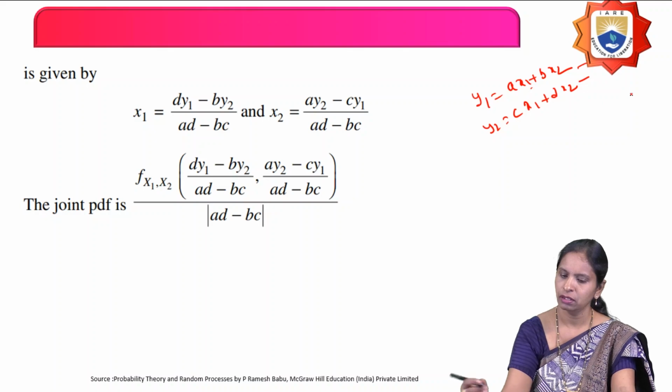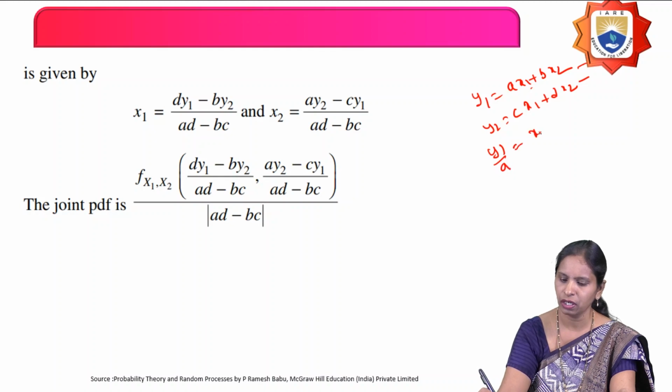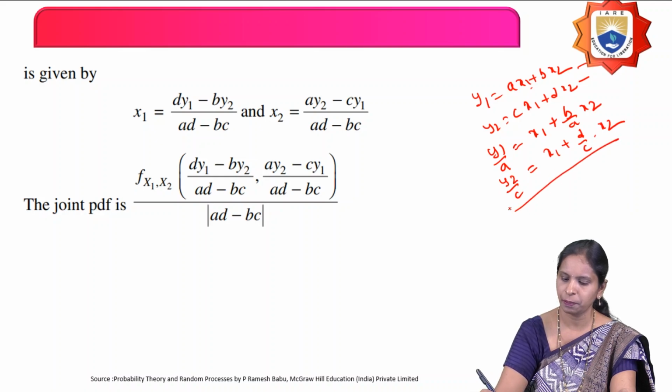So first divide this equation with here a. Then y1 by a is equals to what? x1 plus b by a into x2. And divide the second equation by c. Then what can happen here? y2 by c is equals to x1 plus d by c into x2. Then subtract on both sides.